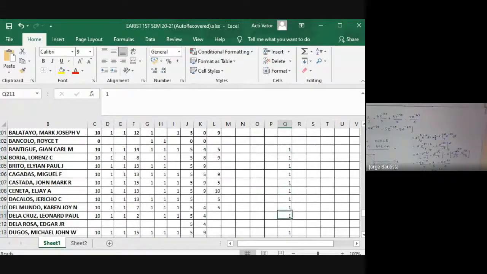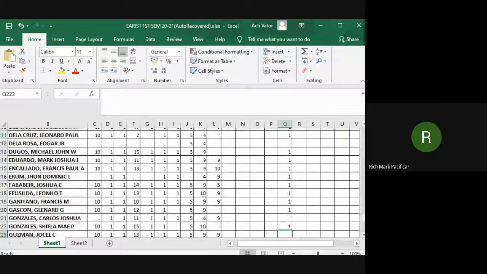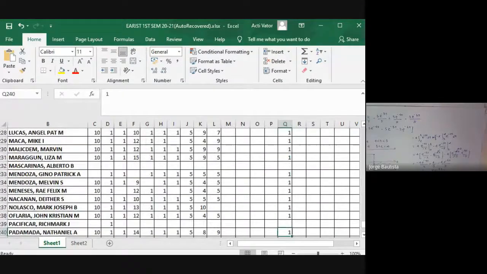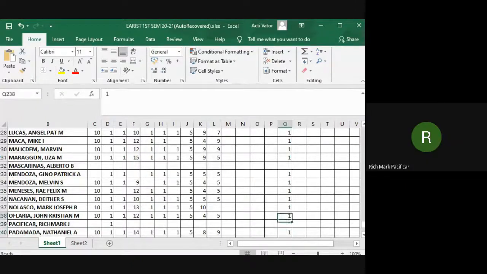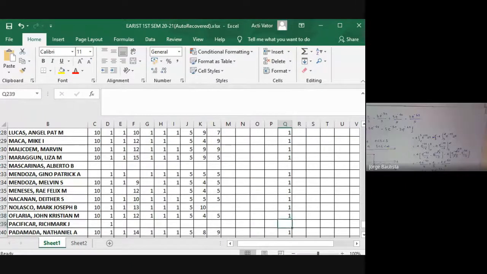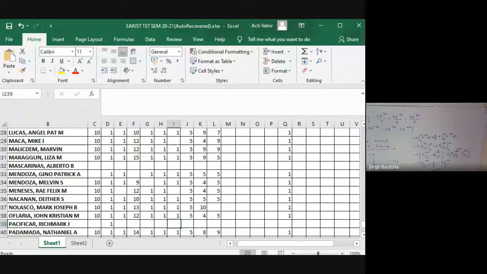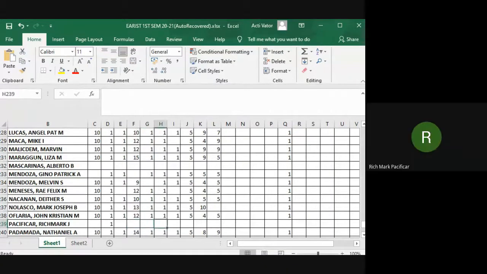Okay, wala na. Salamat, sir. Okay, so Pacific, sir. Ano daw yun? Pacificar, buhay ka pa pala, Mr. Pacificar? Yes, sir. Nag-chat po ako, di ba, nung nakaraan, sir? Wala, tignan mo. Yes, sir.